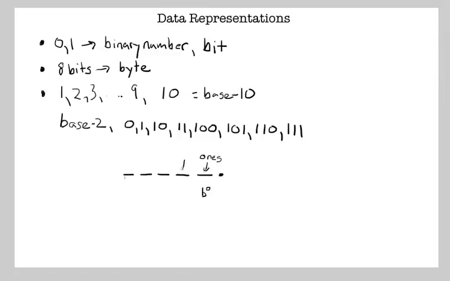The next digit over is your base to the first power. So in a base 10 system, this is the tens digit. In a base 2 system, this is the 2's digit. Similarly, this next one is your base to the second power, so it's 100 in base 10, or it's 4 in base 2. And it goes on and on this way.